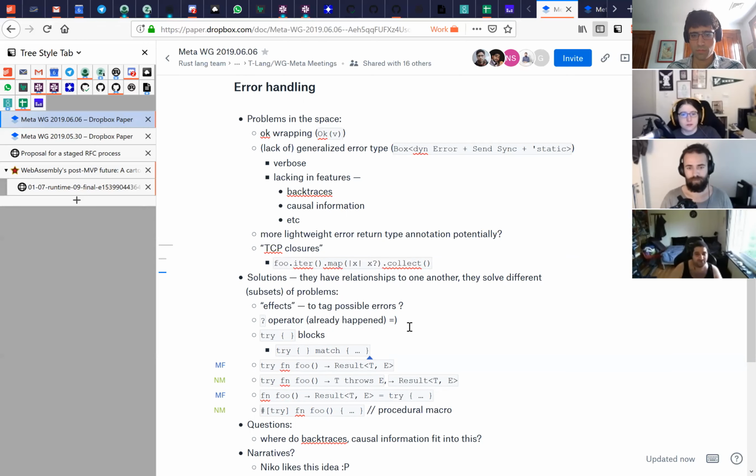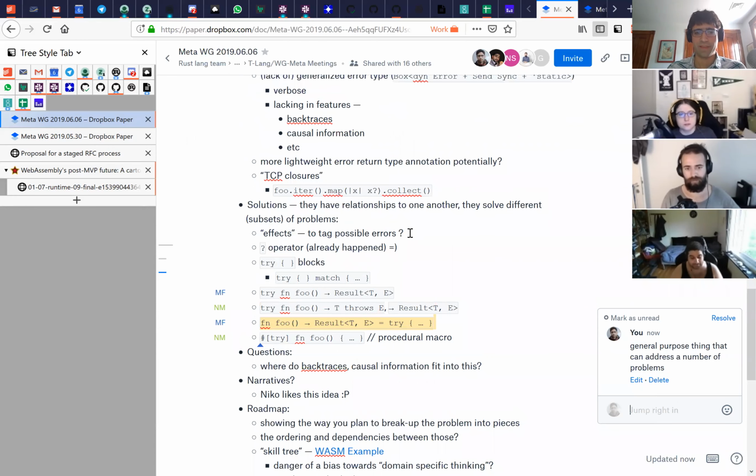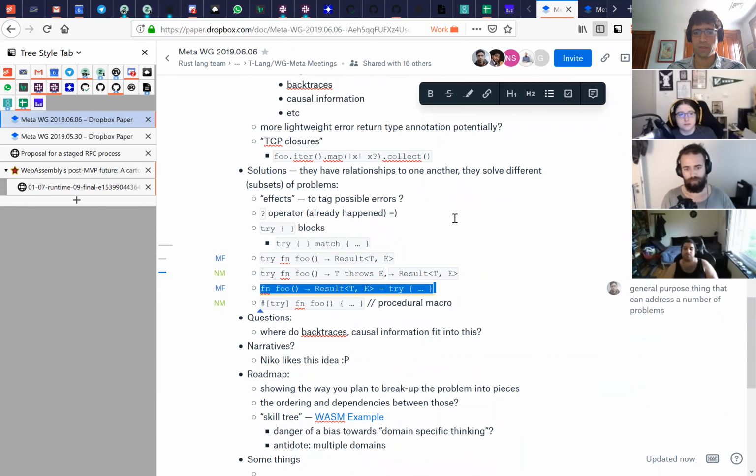And if you had postfix match, then you would get try match for free, more or less. So that's a good example of the iterative nature of problem solving. We come in with error handling, we come up with this idea, and then there are problems not related to error handling that are potentially addressed by this idea. And I feel like it's legit to include them in some way and talk about them.